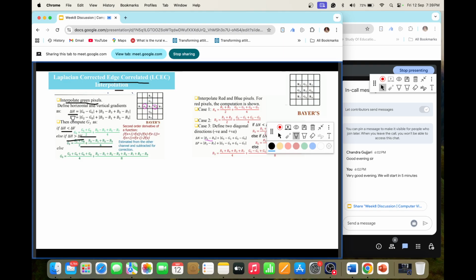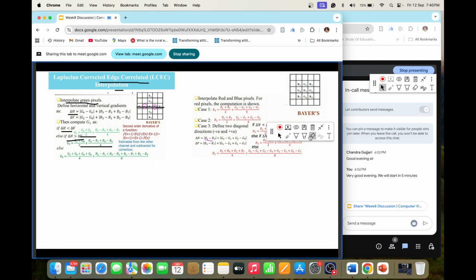You have to see which one is smaller, and based on that you calculate this G5. Here delta H is smaller, so your G5 will be calculated in this row.